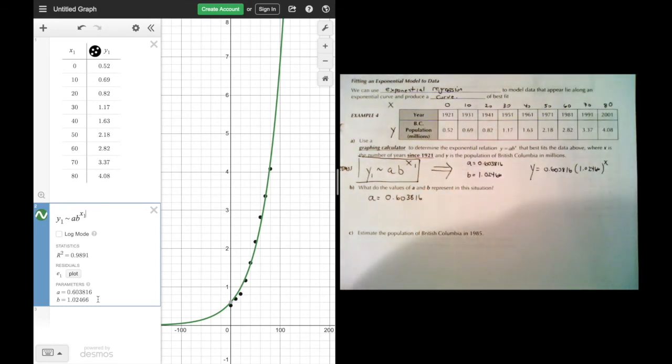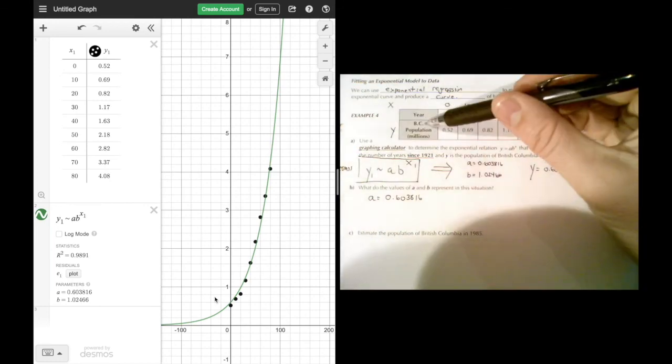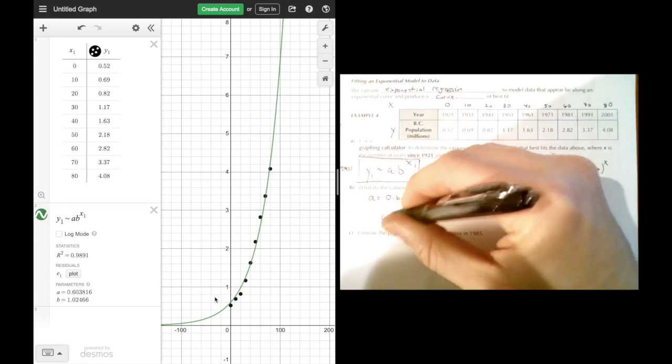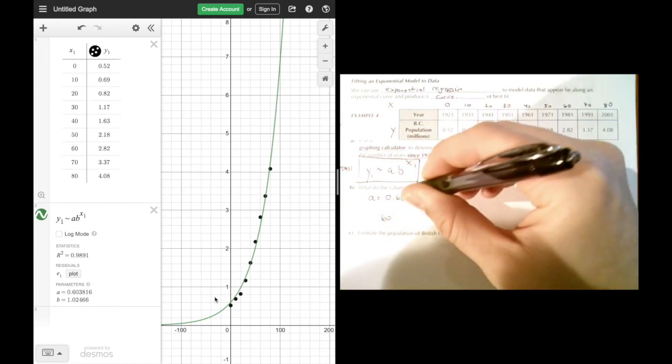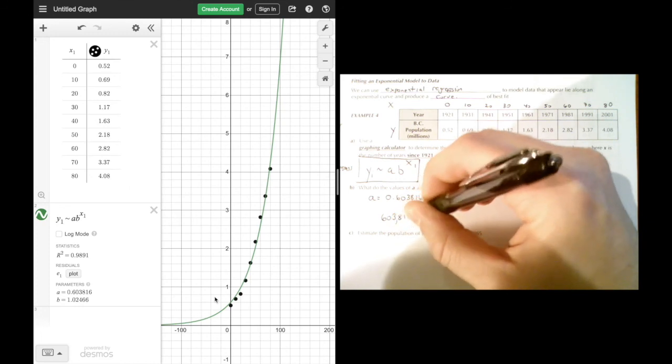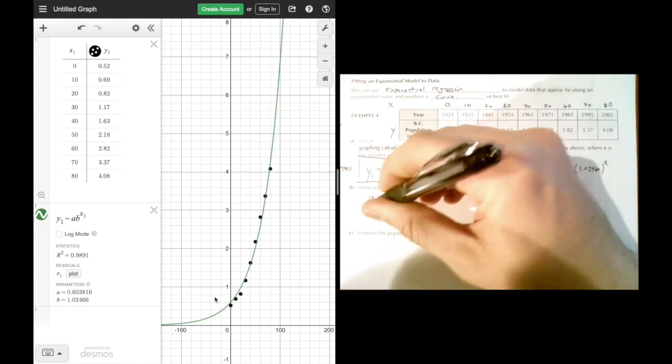Our curve of best fit actually goes above that point. If we look right here, there's our curve of best fit above that point. So what's that number represent? Well, this is population in millions, so it's 0.6 million, which is 600,000, or to be more accurate, 603,816, and that's the initial population.